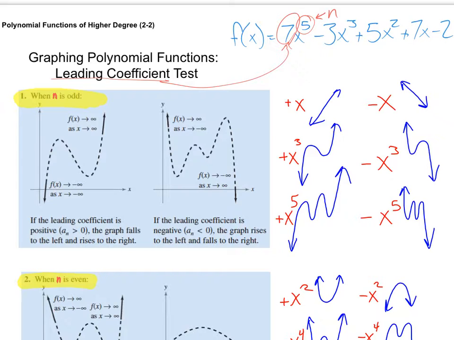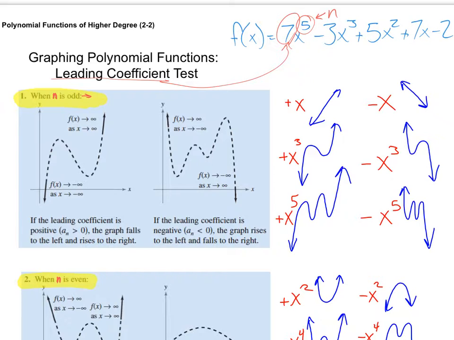It's that highest exponent. Now, whether n is odd or even determines whether the two ends do the same thing or opposite things.